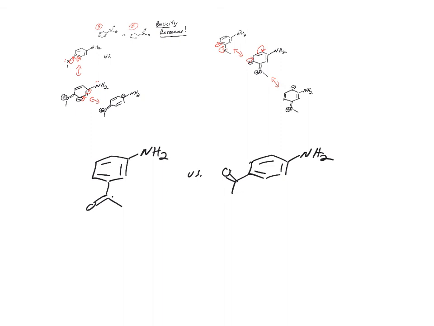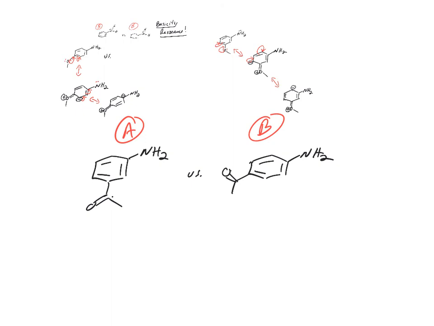So now let's change it around a bit. Instead of having an electron donating group, a group that pushes electron density into the ring, let's have an electron withdrawing group. In this case, this carbon of the ketone is electron withdrawing because it's double bonded to an oxygen. So it's going to pull electrons out of the ring. Instead of pushing them in, it's going to take them out. If you had to guess, which one of these is going to be the more reactive base now?